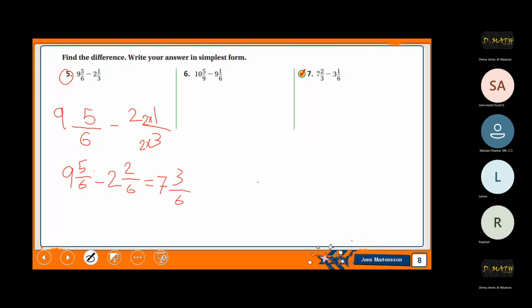Now look at 3 over 6. Is there a common factor? What is it? See, look at me here. How can I know if there is a common factor or not? What are the numbers here? 3 or 6?